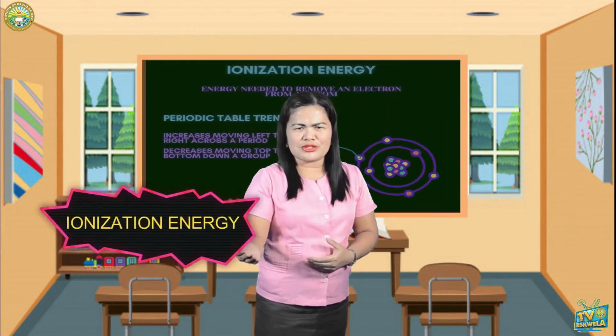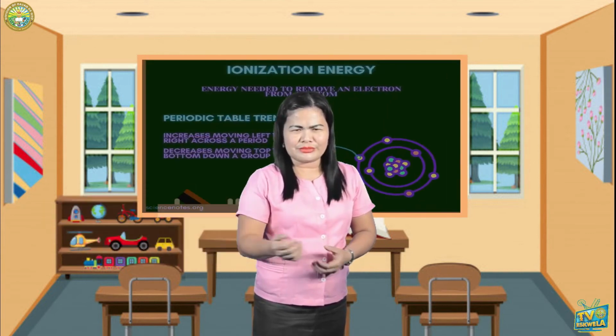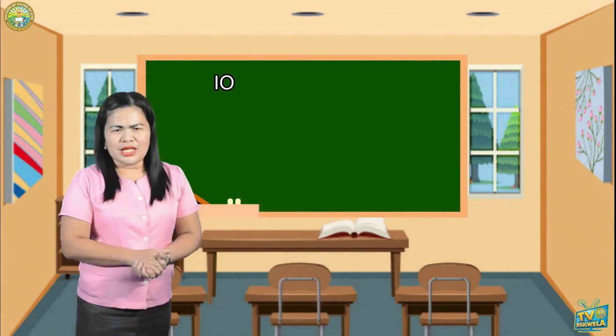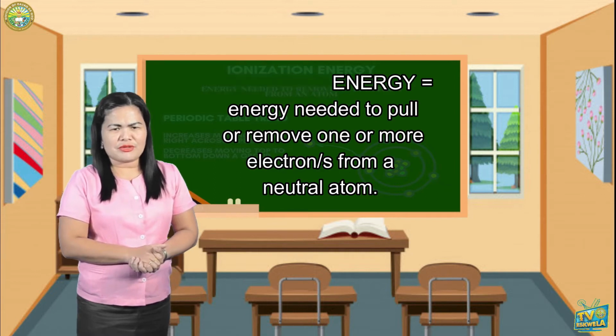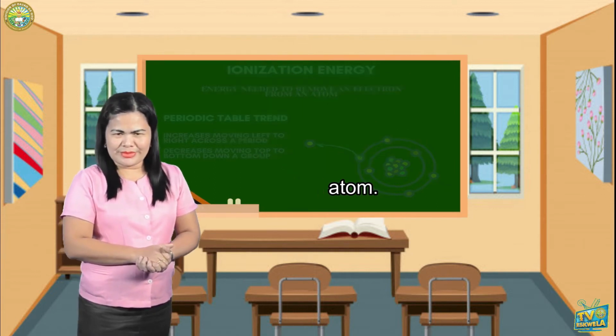Before we will discuss the formation of ionic bond between atoms, let us first familiarize some concepts in this lesson. Ionization energy: energy needed to pull or remove one or more electrons from a neutral atom.